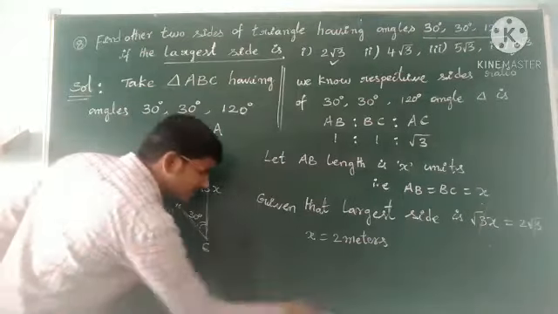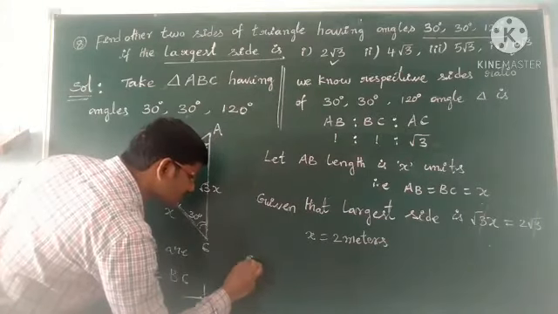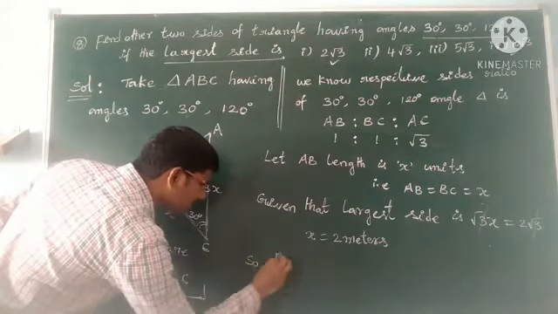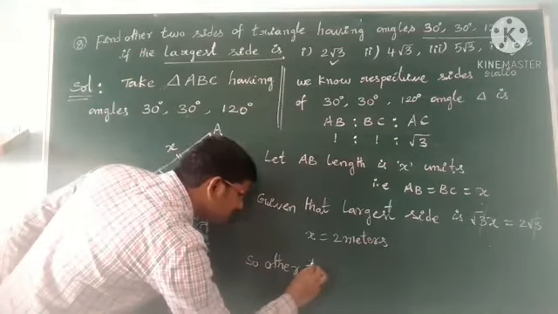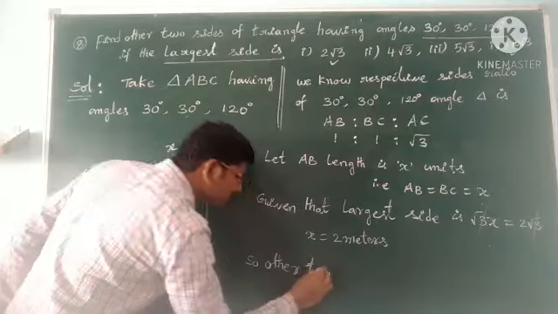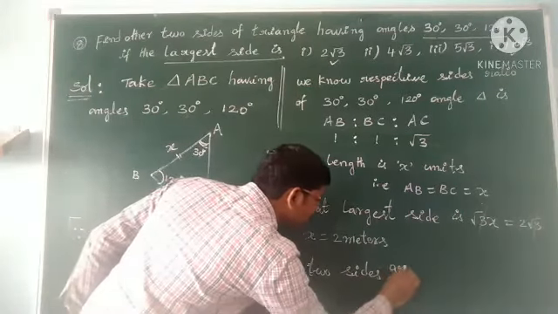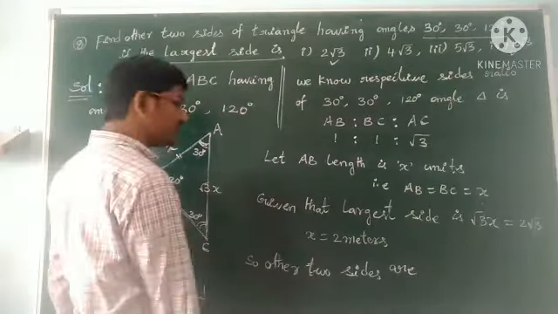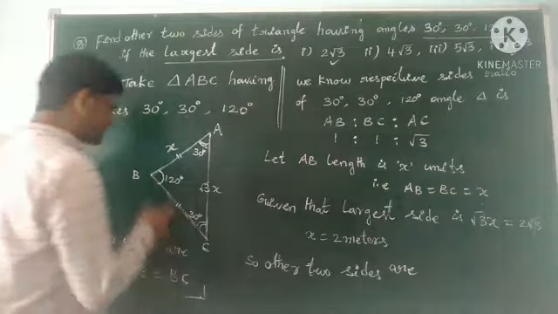So the other two sides are AB and BC, that is x comma x.